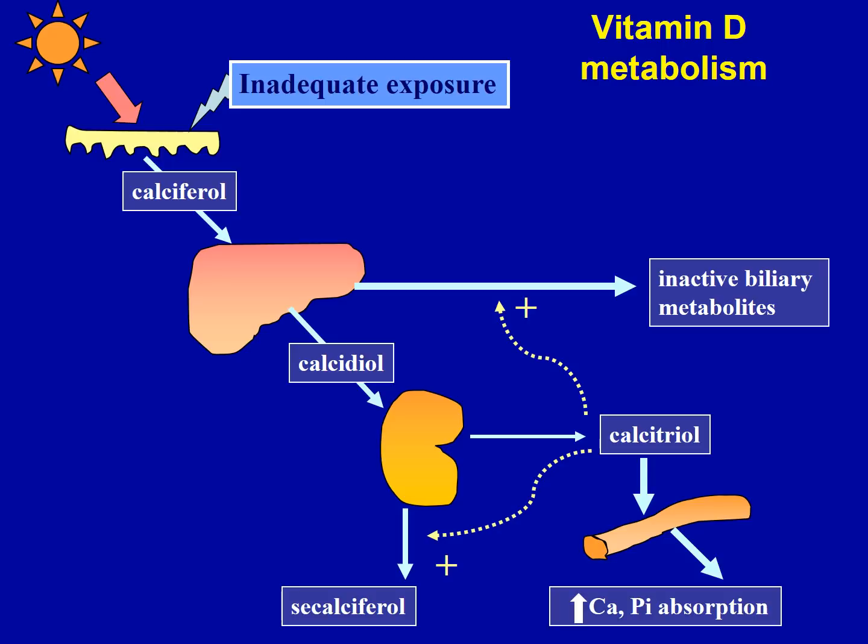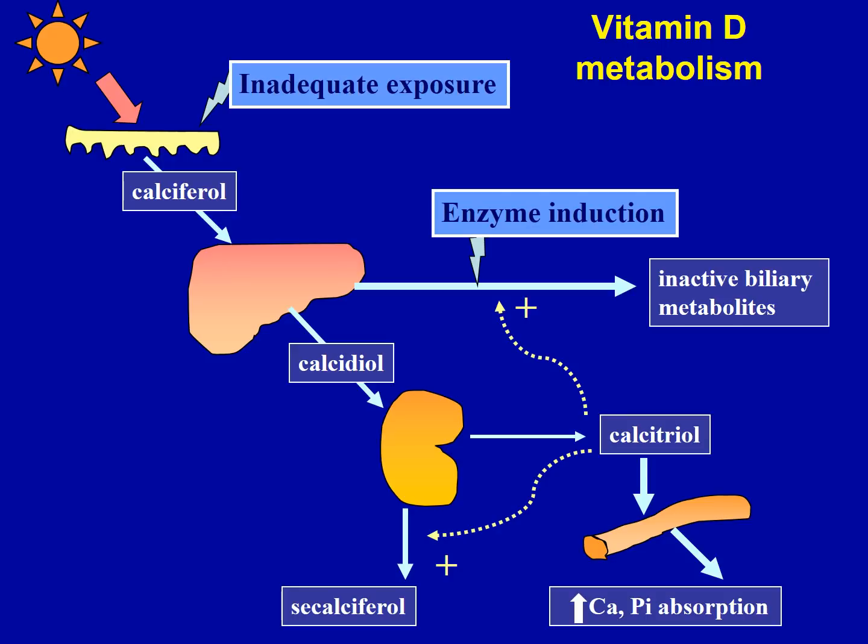Remember that the skin becomes less efficient at responding to the UVB radiation component of sunlight in older people. Also individuals with pigmented skin, because the pigment screens out the UVB component, and individuals who cover up and protect their skin from sunlight for cultural or medical reasons.